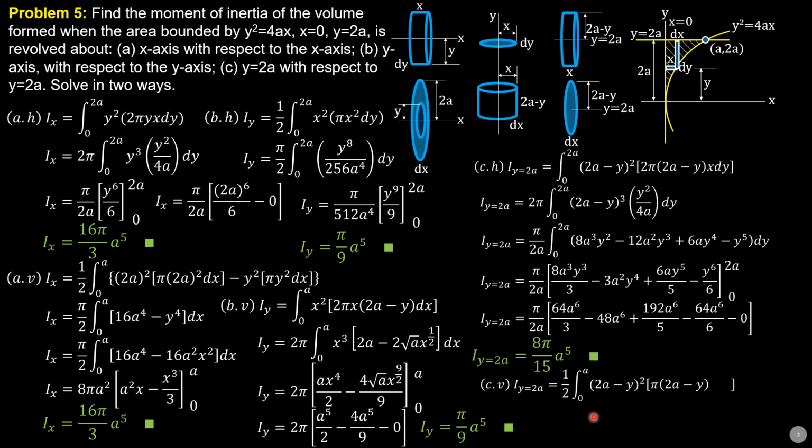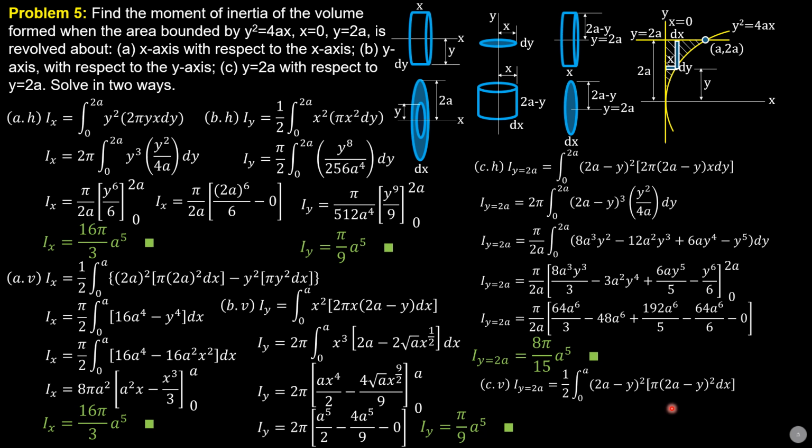So 1/2 integral 0 to a of radius square, which is 2a minus y square, then differential volume, which is pi quantity 2a minus y square differential x, or use the results here. You may use the results here.